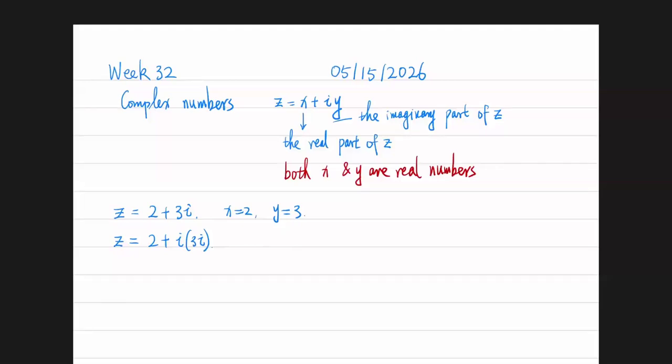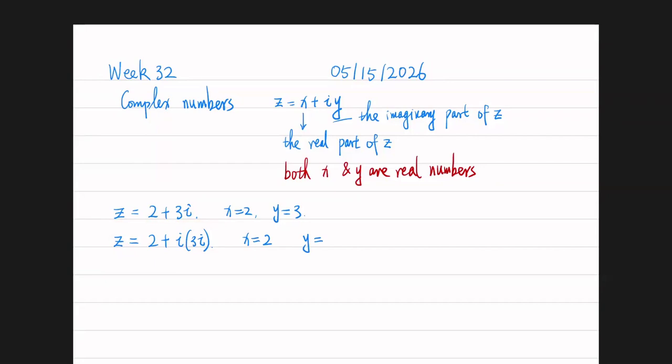Okay, Amy, what's the real and imaginary part of this complex number? What's the real part? What's the imaginary part? The real part is 2 and then the imaginary part, is it still 3?